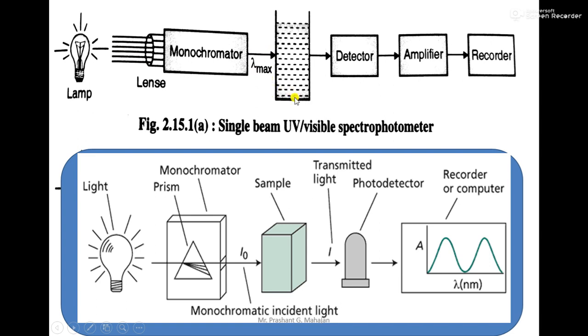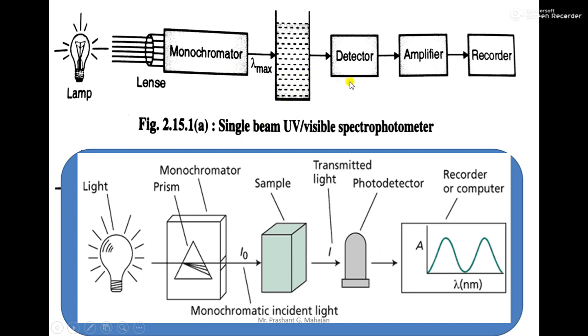Third is the sample cell, or sample holder, or cuvette. The cuvette holds the sample. It doesn't absorb radiation.